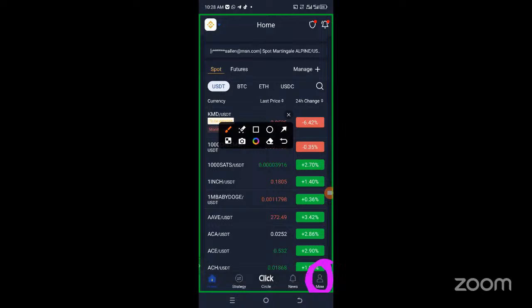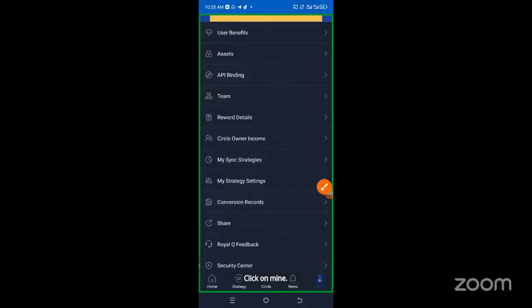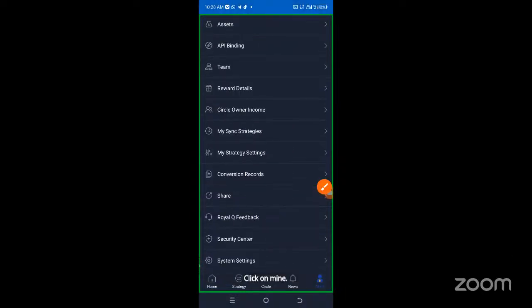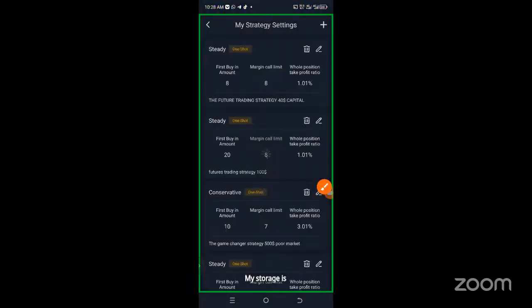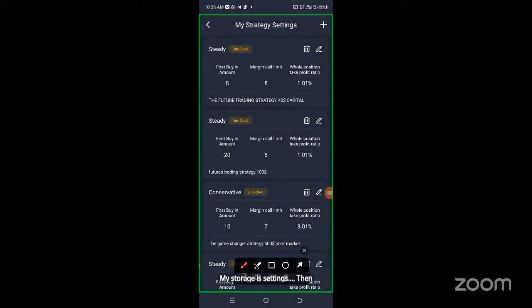Click on mine. Then click on my strategy settings. If you have not saved any strategy, you will find the words "Add it now" here.